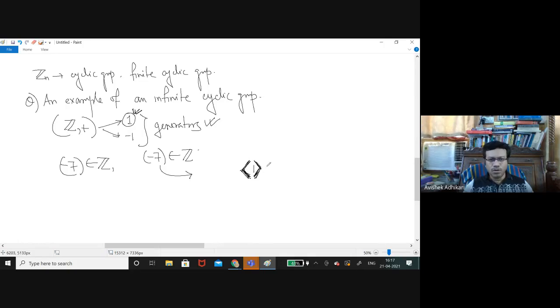So Z is generated by 1, and this is my generator G. Now minus 7 belongs to Z, so according to your definition, minus 7 should also be represented as some n into G, right? So how can I explain it? Yes, you are right, but tell me properly, because you are using minus 7, but I am using 1. 1 is my generator. Now how can I express minus 7 by using 1?